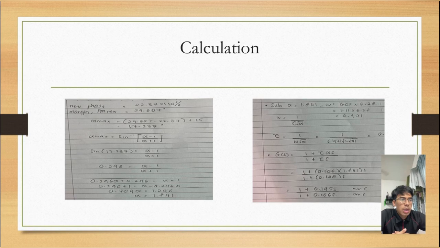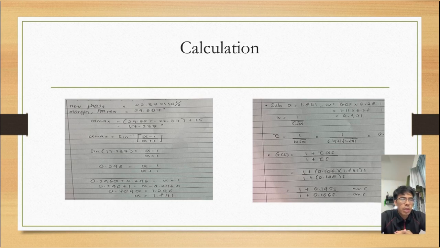After we get the value of alpha and omega, we need to substitute that value into the formula of omega equal to 1 over tau times root alpha. By doing the same algebra, we will get the value of tau. After we get all the values of tau and alpha, we need to substitute them into the G(s) equation. After substituting all the values, we will get the new equation for G(s).